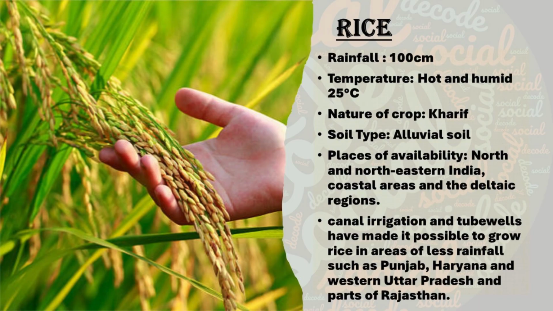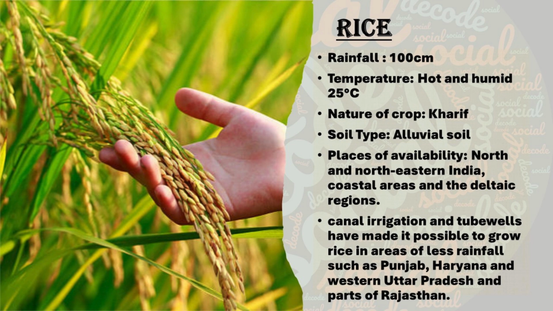Rice, we know very clearly, is the staple food crop of India and the most widely grown crop also. It needs high temperature, about 25 degrees Celsius, and high humidity, and the rainfall should be above 100 centimeters. It grows best in alluvial soil and needs standing water.